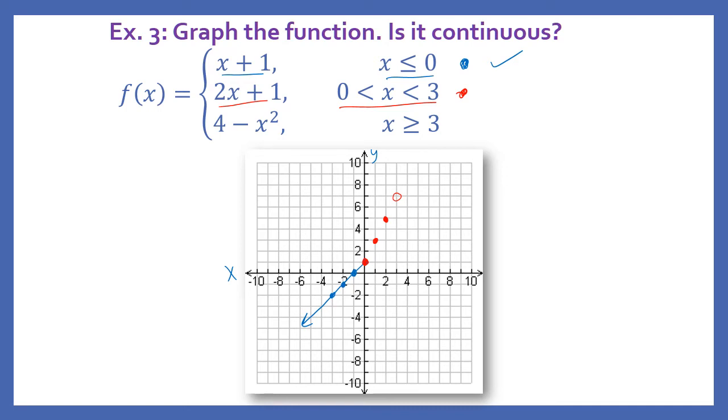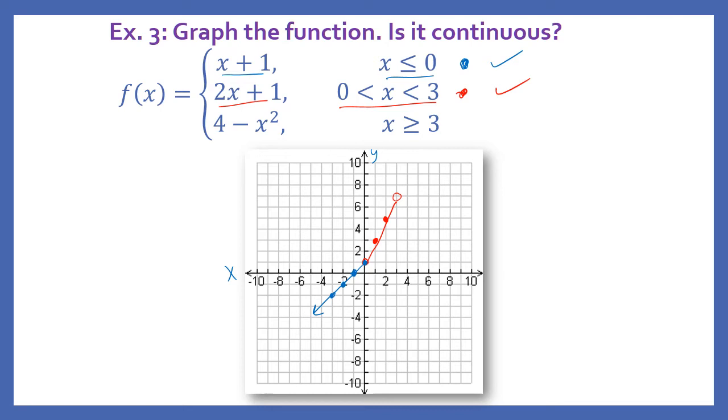But maybe I will go back and actually do that just to make that point. So again, it's an open dot there. Our original function had a closed dot. And a closed dot will always fill in an open dot. And there's our second piece filled in.